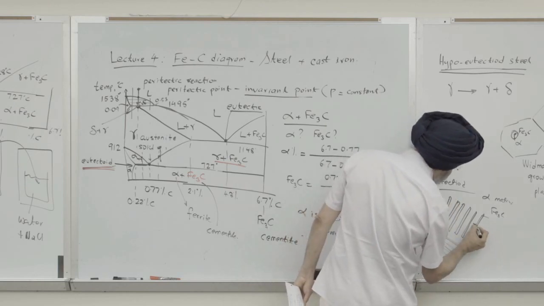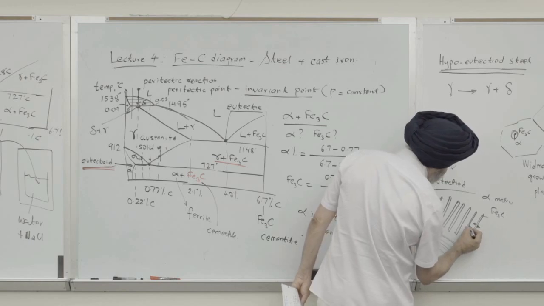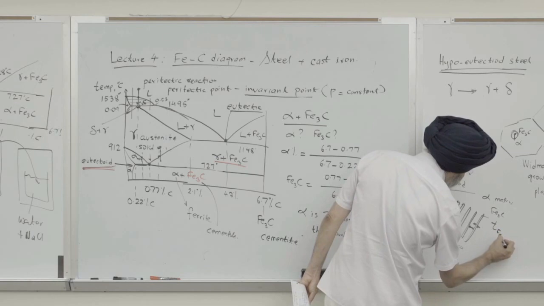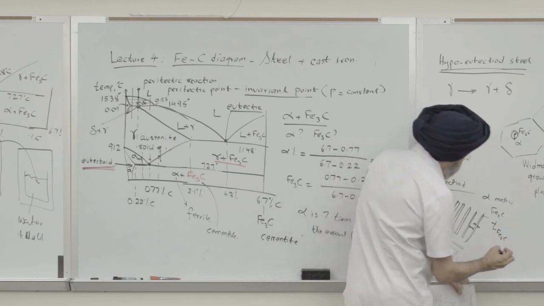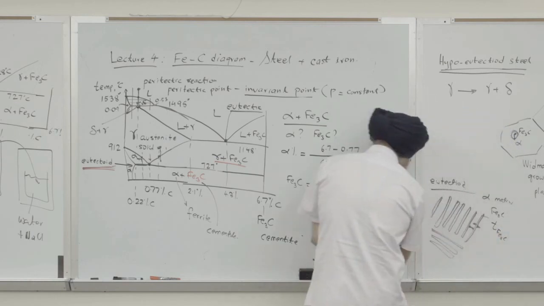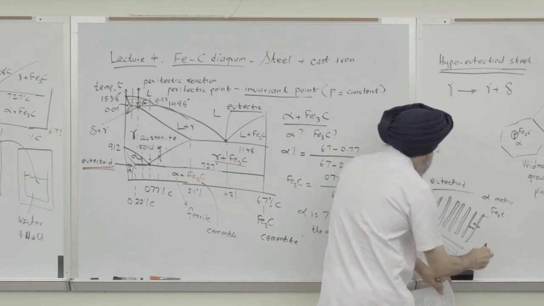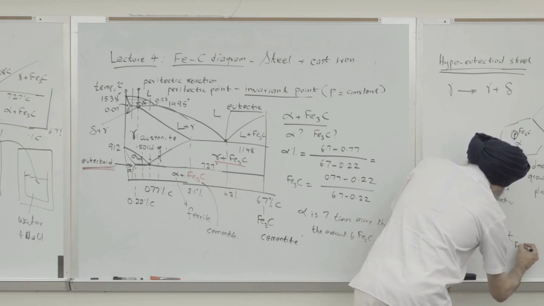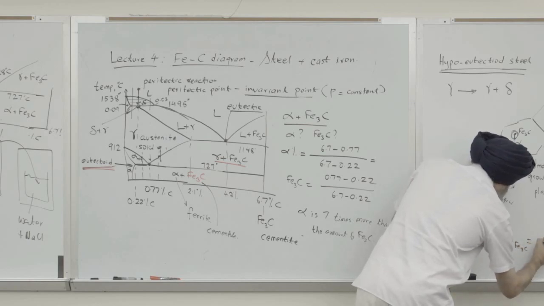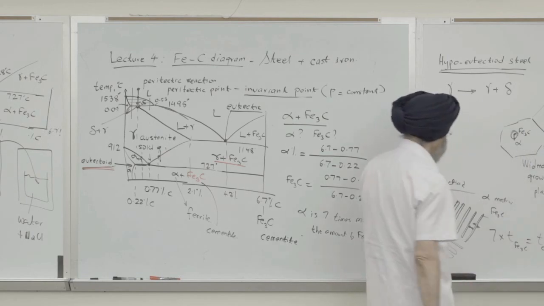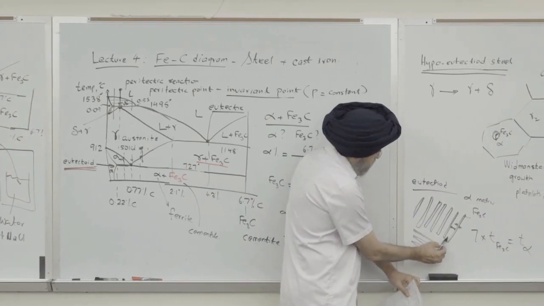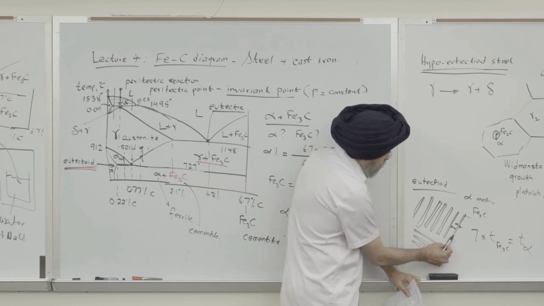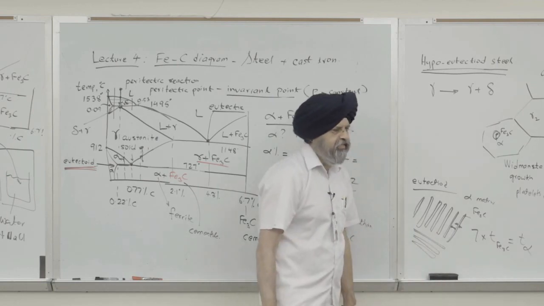So this thickness, if you compare thickness of Fe3C and the thickness, okay, let me write it differently. So approximately 7 times the thickness of Fe3C is equal to thickness of alpha. So this matrix region in between is 7 times more than the thickness of the ferrite.